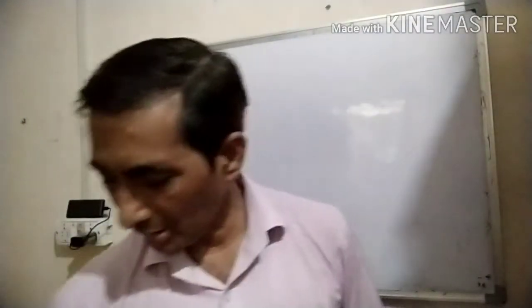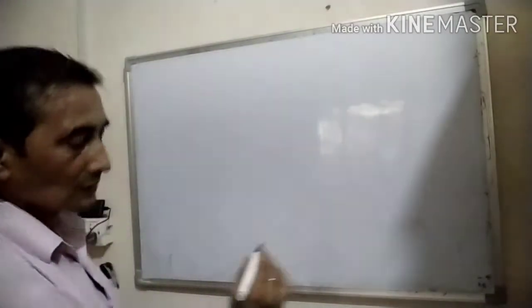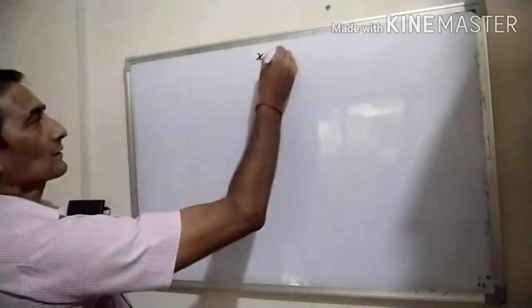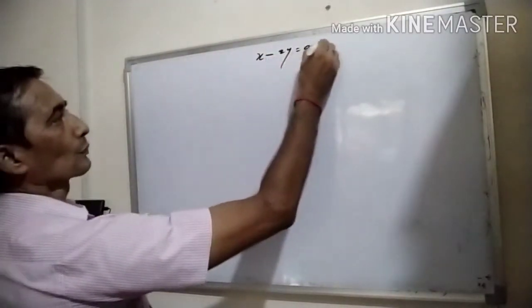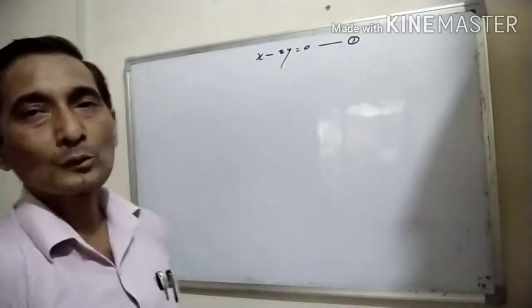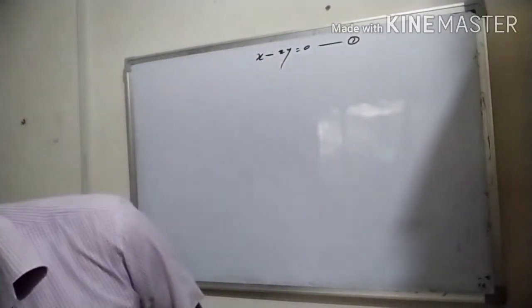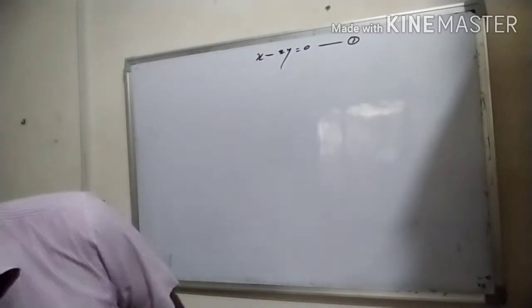Let one equation be x minus 2y equal to 0. Now the first equation, and the second is 3x plus 4y is equal to 20.